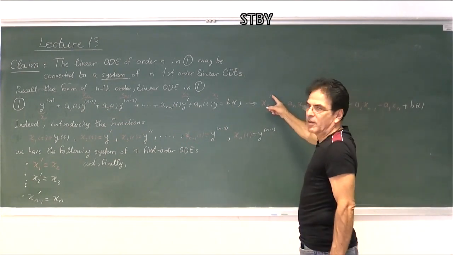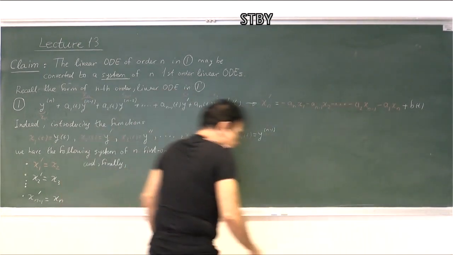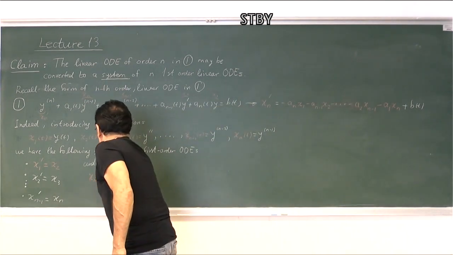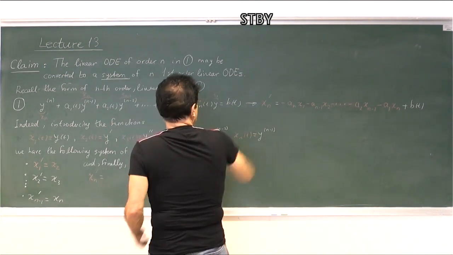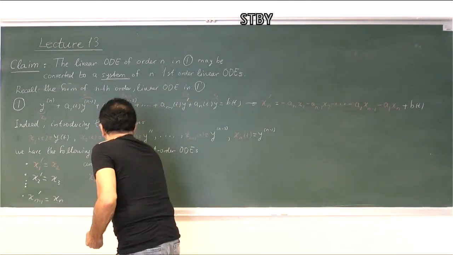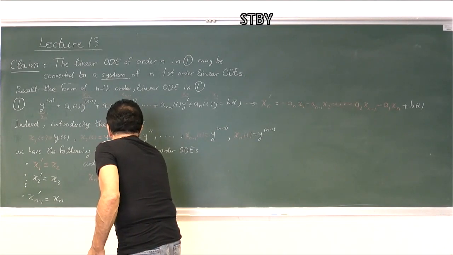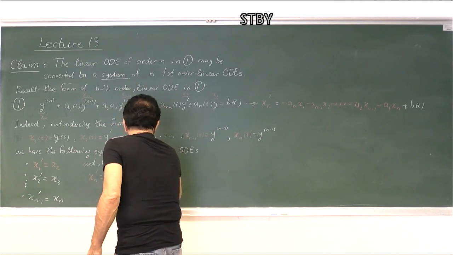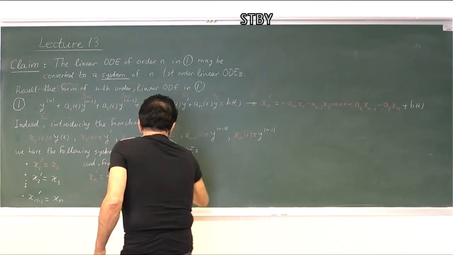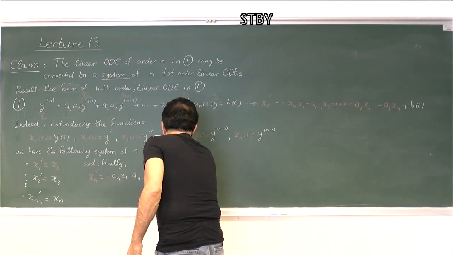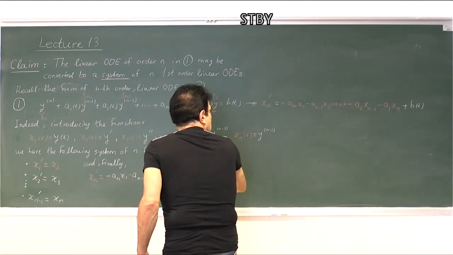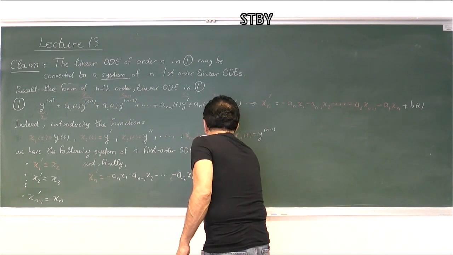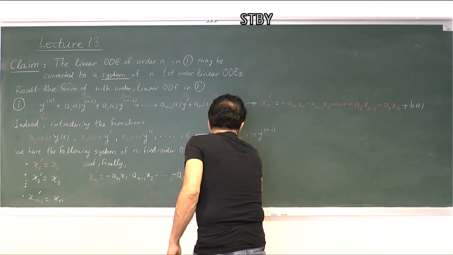So xn prime is minus an x1 minus a_{n-1} x2 minus ... minus a2 x_{n-1} minus a1 xn plus d of t.